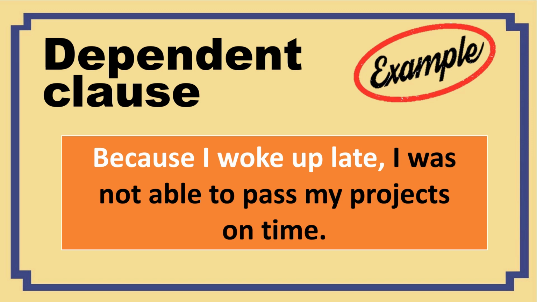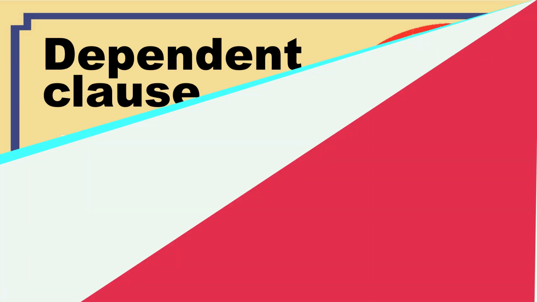The dependent clause in this sentence is the first part, since it has a subject and a verb but does not express a complete thought. Also, it begins with a subordinating conjunction, because.